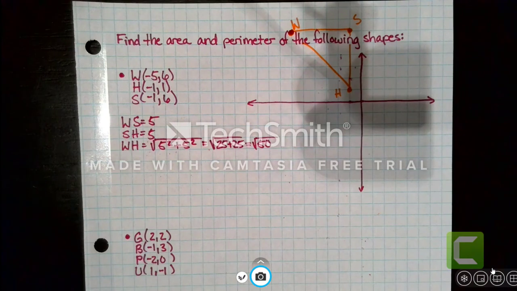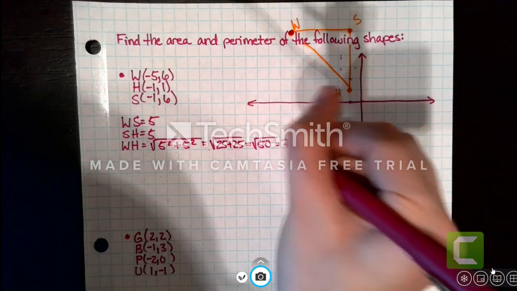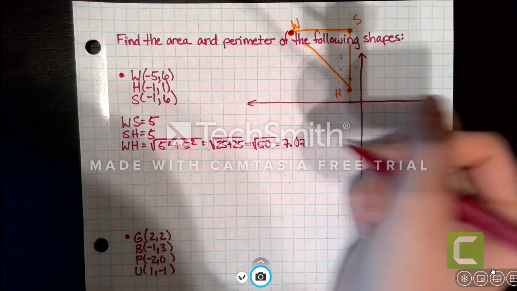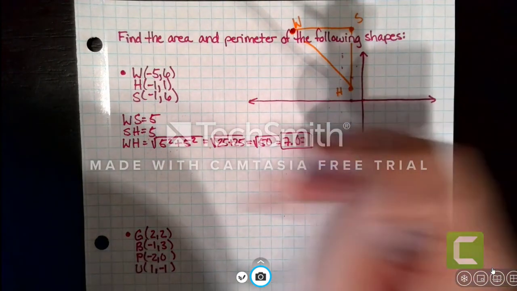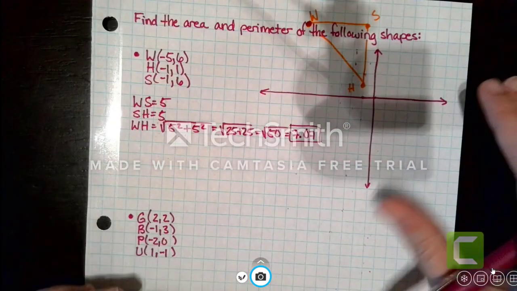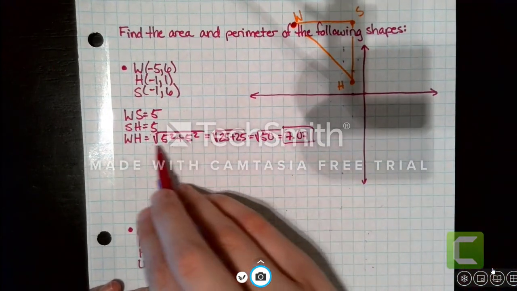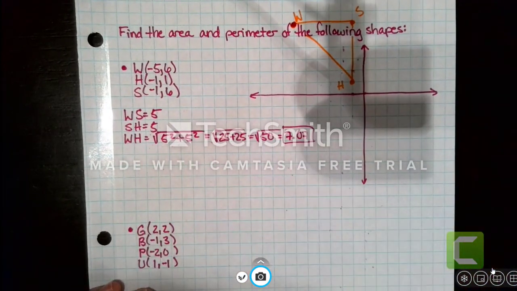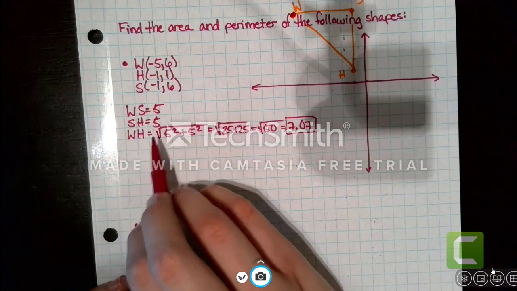Now the decimal of the square root of 50 is about 7.07 when rounded to the hundredth. Now we have every single measurement. This one is actually an easier triangle problem. We only had to use the distance formula once, and our area formula will be reliant on WS and SH.